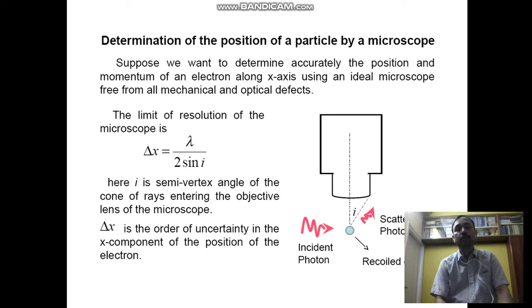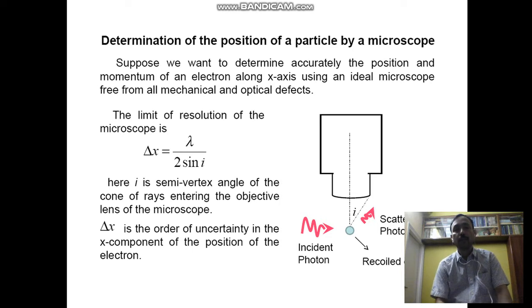Determination of the position of a particle by a microscope. Suppose we want to determine accurately the position and momentum of an electron along the x-axis, using an ideal microscope free from all mechanical and optical aberrations.